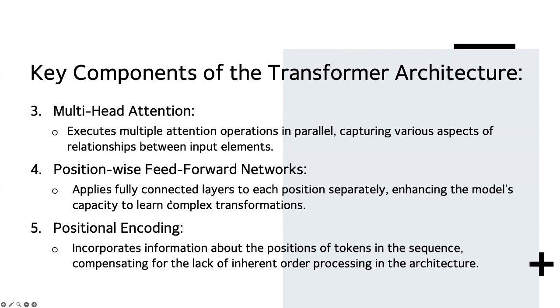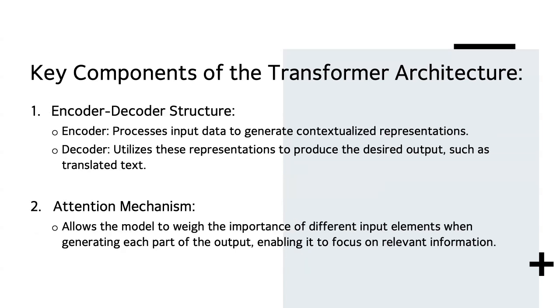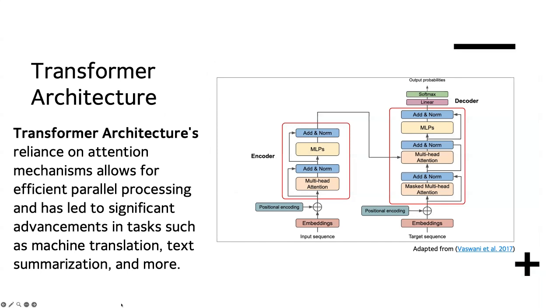We also have positional encoding, which incorporates information about the positions of tokens in the sequence, compensating for the lack of inherent order processing in the architecture. So here's the transformer architecture.